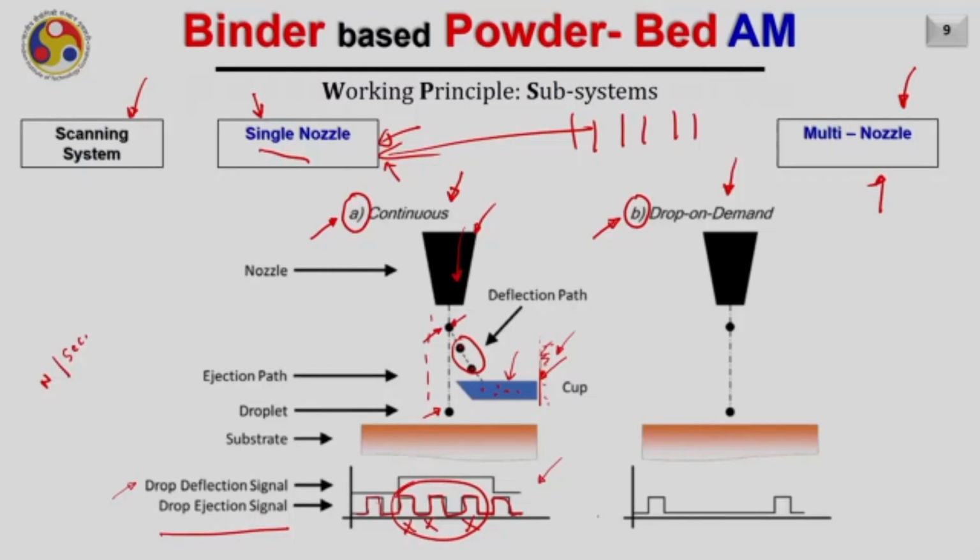So, this is how you can see the drop ejection signal for a typical drop on demand based nozzle. As you can see in this zone, no drops are required, hence there is a pulse corresponding to this particular drop and a pulse corresponding to this particular drop, and in between there are no pulses given to the nozzle for ejecting drops.